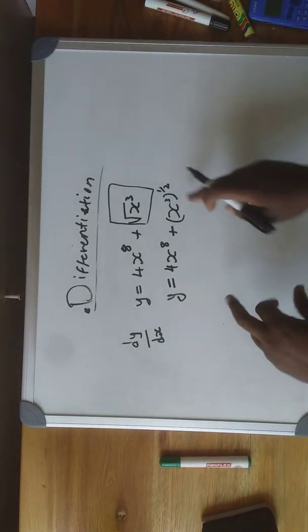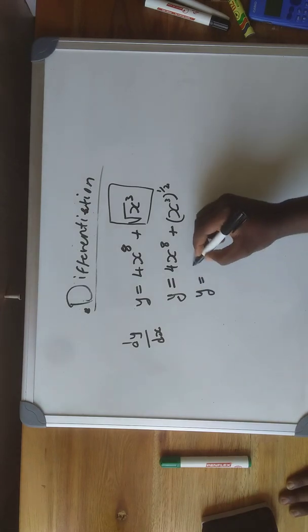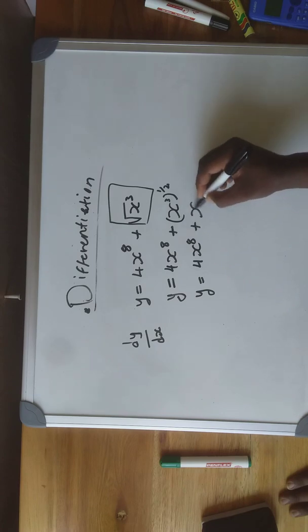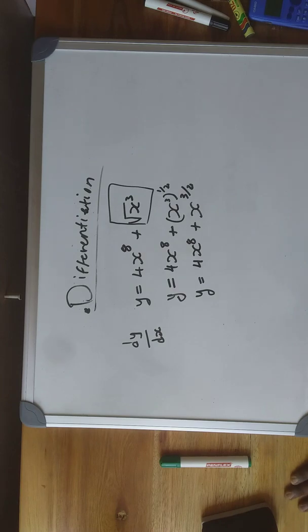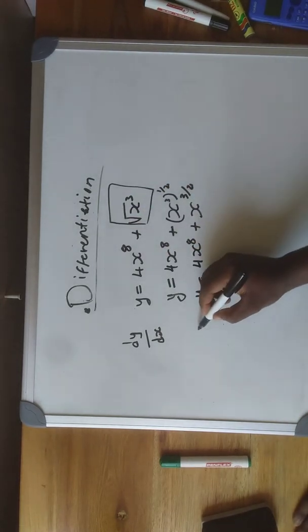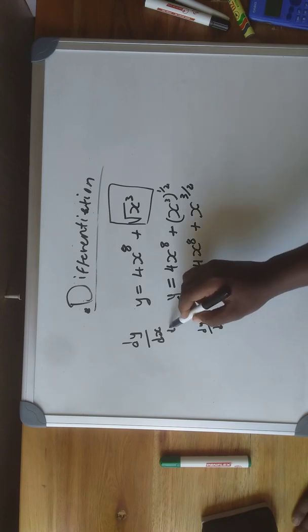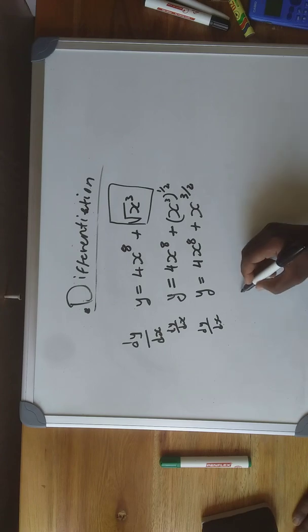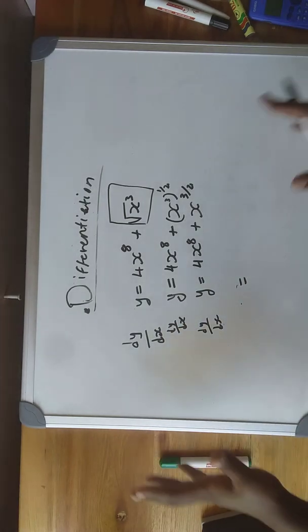So we're going to have y being equal to 4x to the 8 plus x to the exponent 3 over 2. This is the basic as well, so you shouldn't forget to write dy dx, differentiate y in terms of x. Now we are finalizing everything.